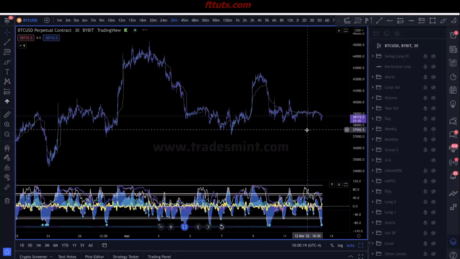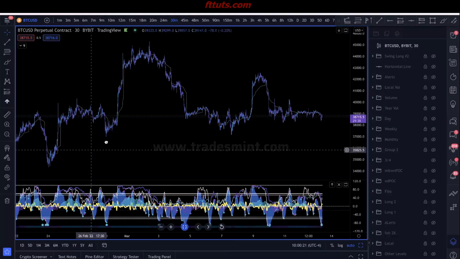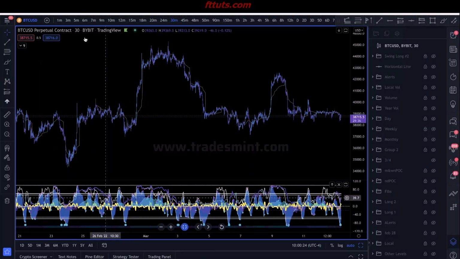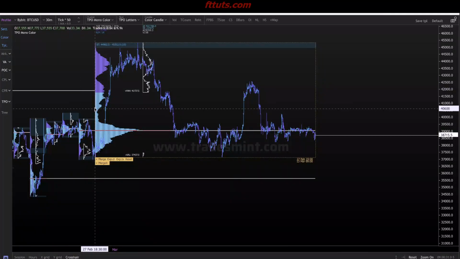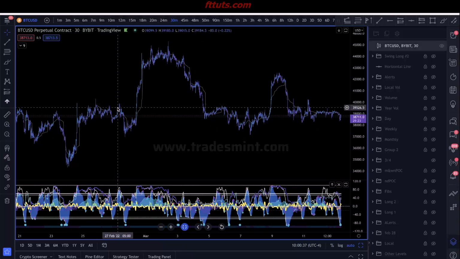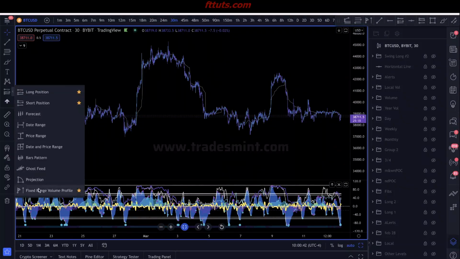If we just go back the past 10 days to, let's see where that begins here. This is beginning on February 27th at 19 o'clock. So let's go back to February 27th at 19 o'clock, and we will pull a fixed volume range through here.